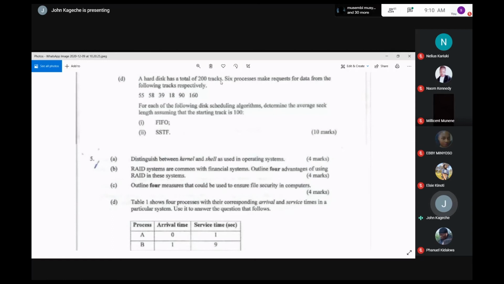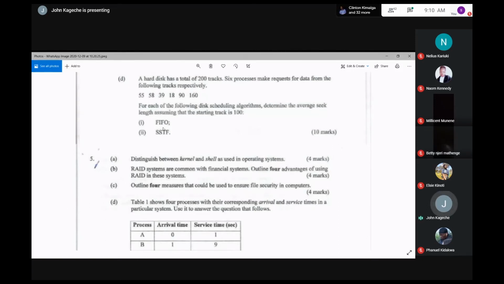For each of the disk scheduling algorithms, determine the average waiting time. We have not done this. I think we are supposed to handle this in the next class. We should be talking about the disk and disk operations. We'll be able to handle this. I don't know how we'll do that in a virtual environment, but we'll try to do our best.